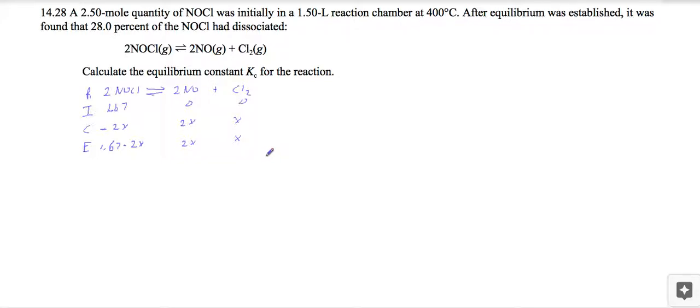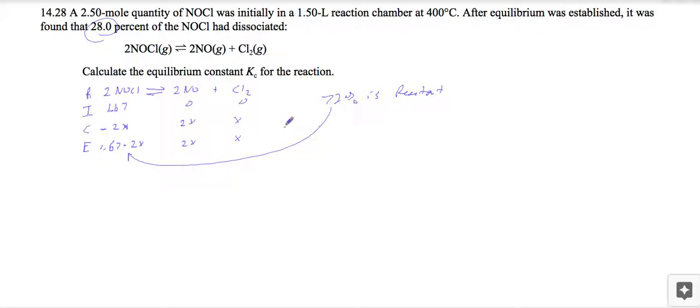It says that it dissociates 28%, which means that there's 72% of it left. So 72% is reactant. So we can figure out what this is going to be.